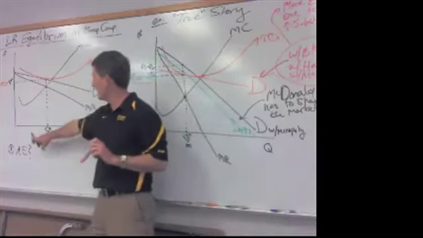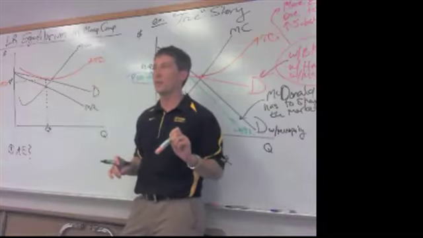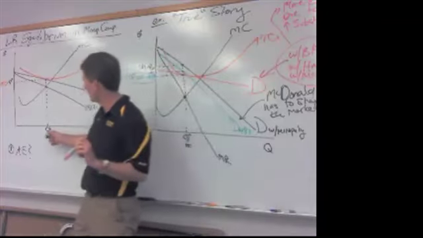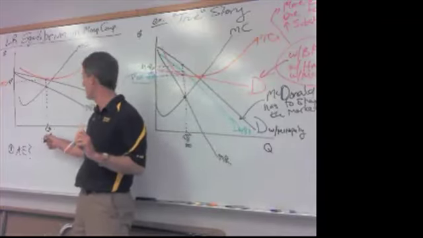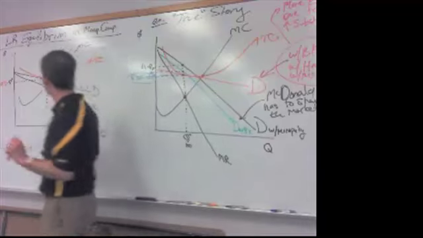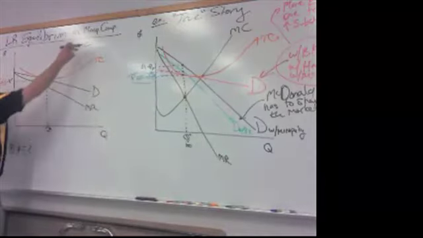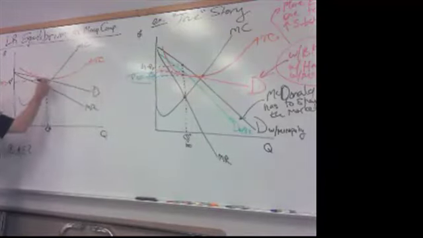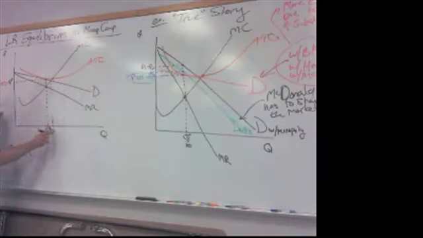Is that quantity allocatively efficient for society? No. It is similar to what we got for the monopolist. It's being underproduced. So marginal cost intersects demand here, and that is the allocatively efficient quantity. So, no. Number two, is it productively efficient?